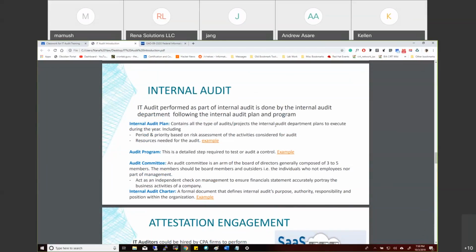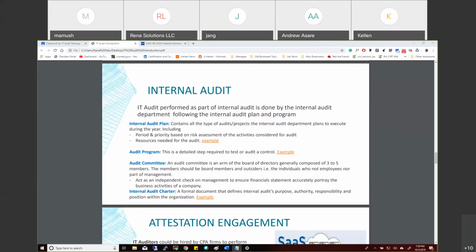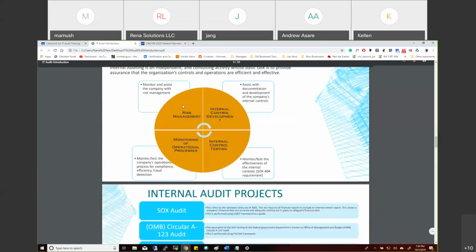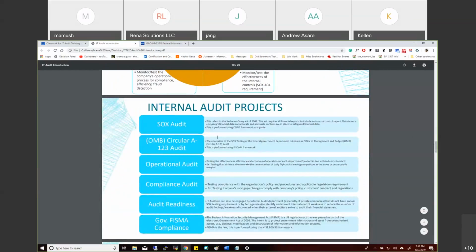Think of it as an objective of what you want to achieve in the year, like when we all make our goals at the beginning of the year. Internal audit also has goals, their objectives. In order to meet these objectives, they execute them in terms of projects, right?